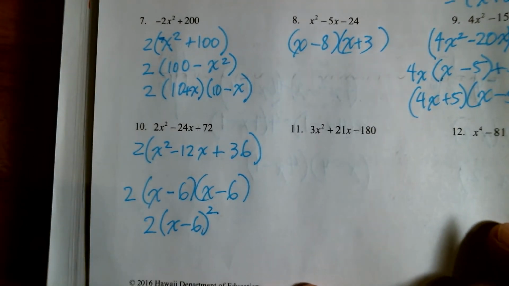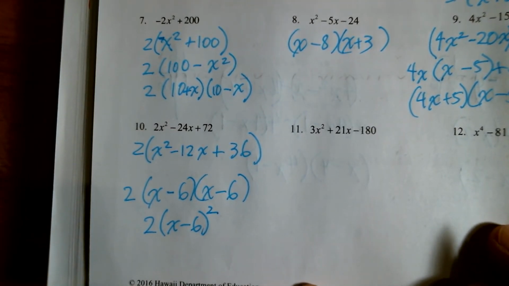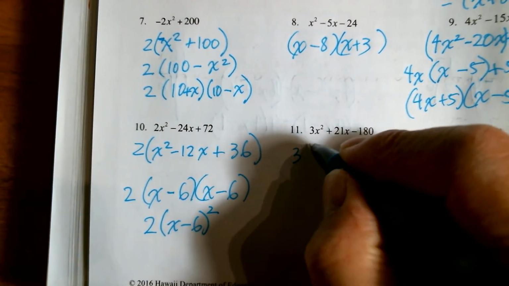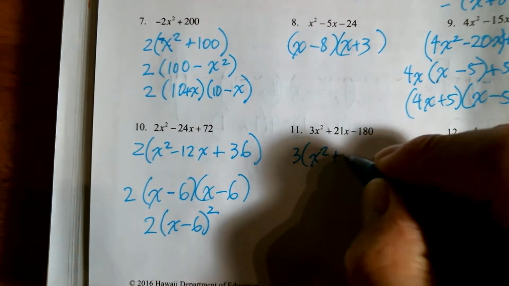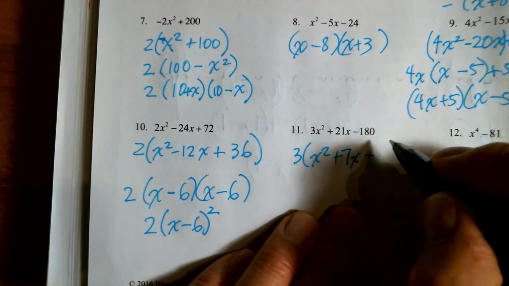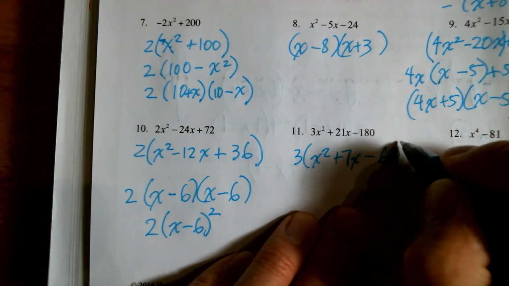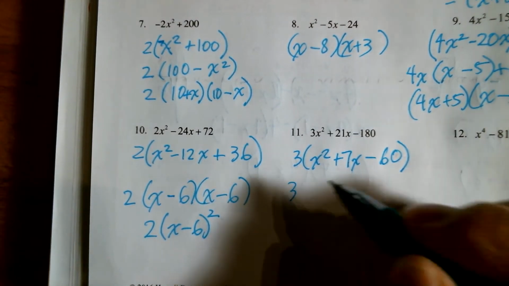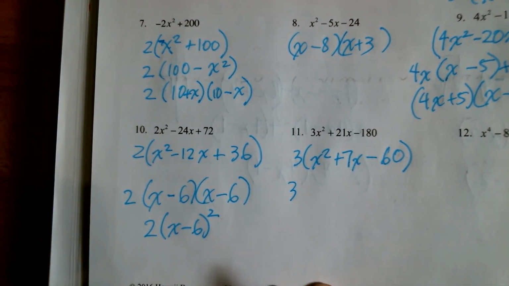11. It's just like number 10. Let's take out a common factor, 3. Factor that. 12 and 5 will work. 12 and 5.